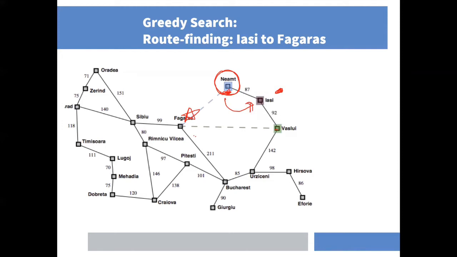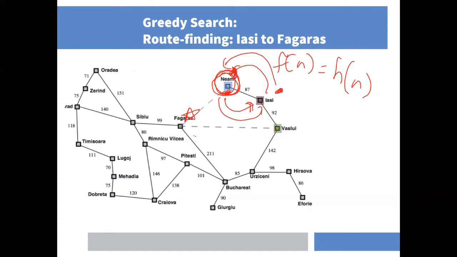However, since our basis for f(n), or our evaluation function, is the heuristic function, again, Neamt has a shorter straight line distance to Fagaras. Therefore, it will expand that node, and then we'll do it again and again.